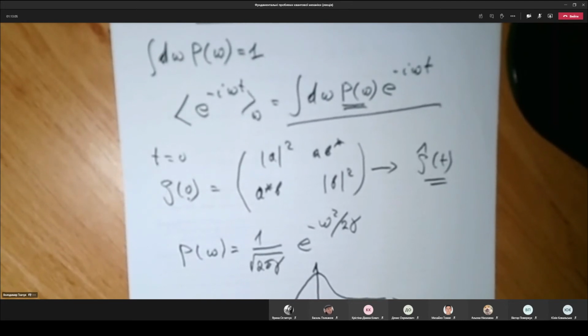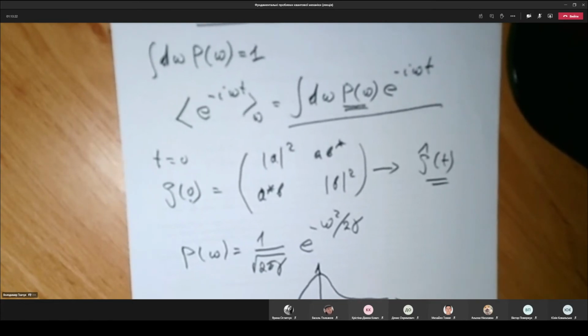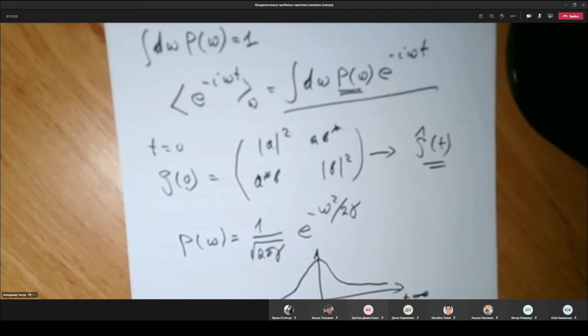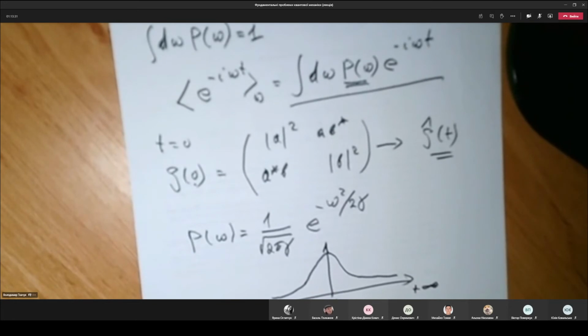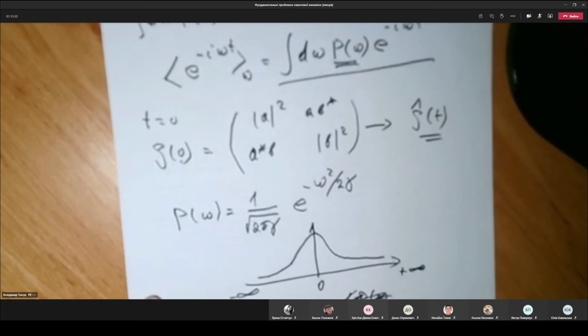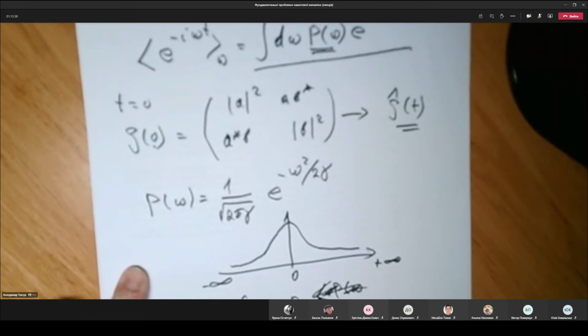So this distribution function describes the following situation. We have that the magnetic field has, with the same probability, a positive value and, with the same probability, a negative value. So the mean value of the magnetic field, of course, for such a situation, omega, let me write here, the mean value of omega is the integral over omega of omega and the distribution function. For a symmetric distribution function, it is equal to 0.